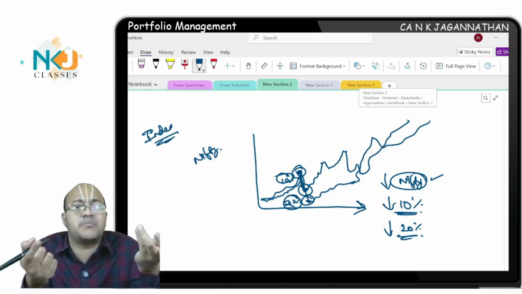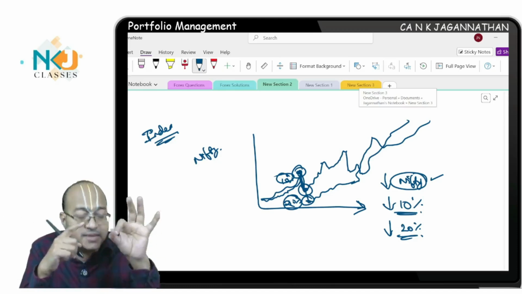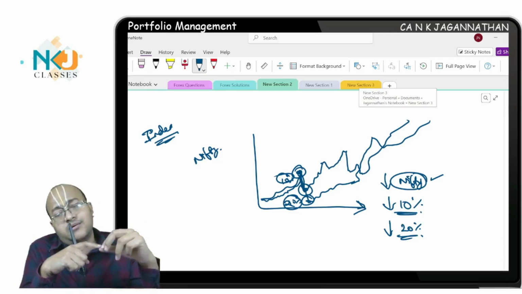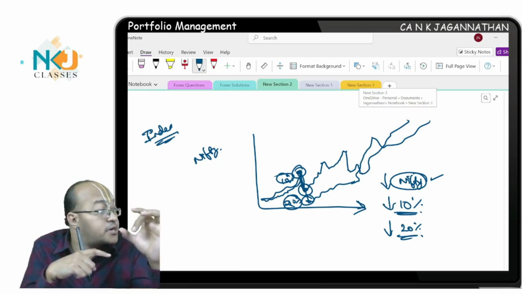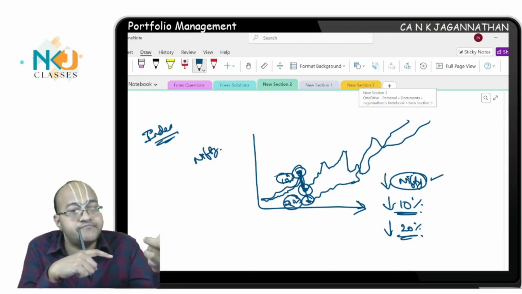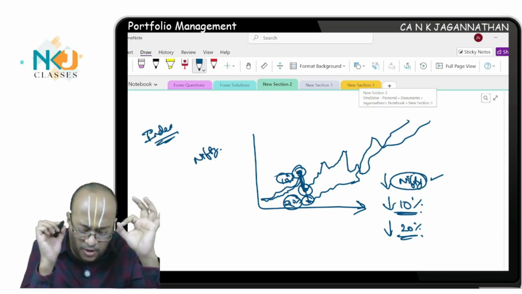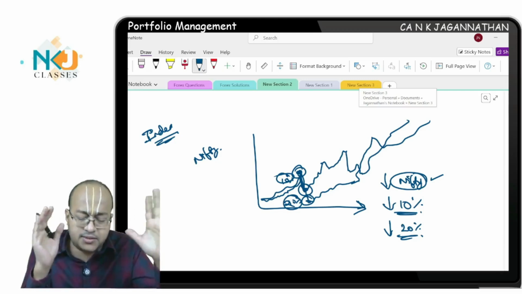Formula duration divided by 1 plus YTM, approximate measure, convexity, everything we solved. Remember, in options we learned something called delta, the change in option price with regards to change in underlying asset price. Delta in options and volatility in bonds are similar.